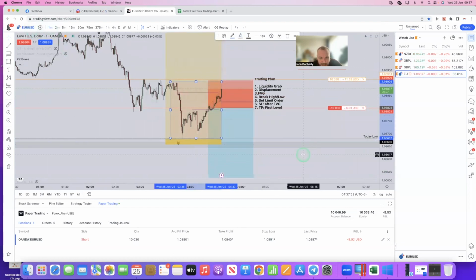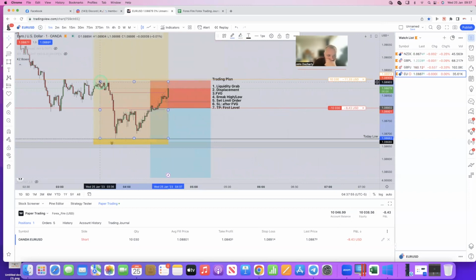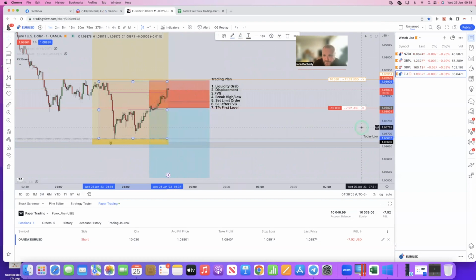So what we've got here is the swing from more or less the open of the London down to the now low of the London. So it was stuck within the range.